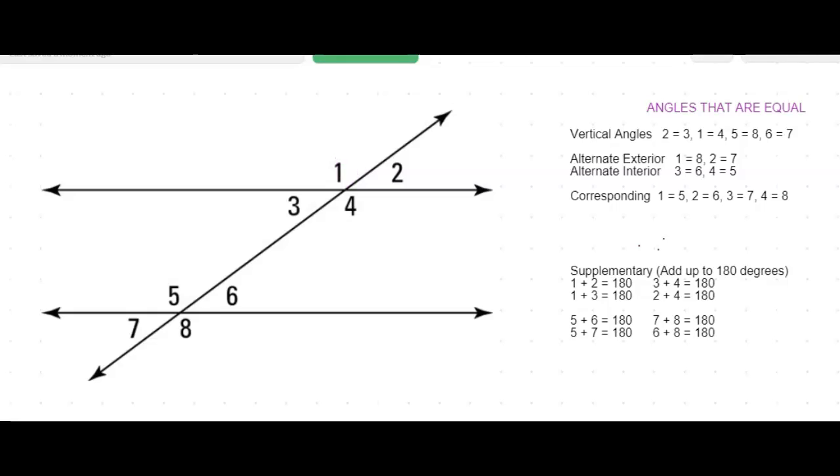So how that can help us is then if I have a problem that says angle 1 is 3x and angle 4 is 9. And for some reason, the person wants to know what x is, right? If it was set up like this, if you had to solve for x, well, all you really need to understand here is the relationship between angles 1 and 4. 1 and 4 are the same. They're equal to each other.